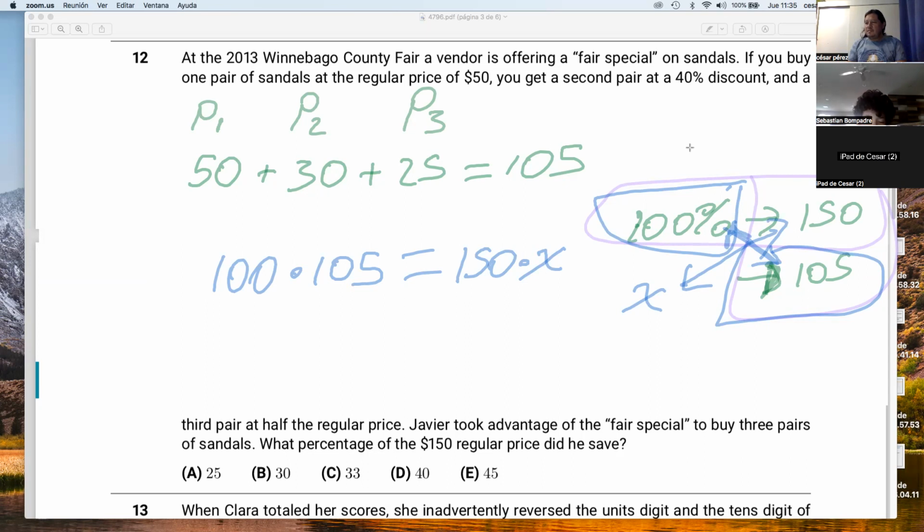Let's try this. Do you know how to solve this equation? Okay. What do you get?